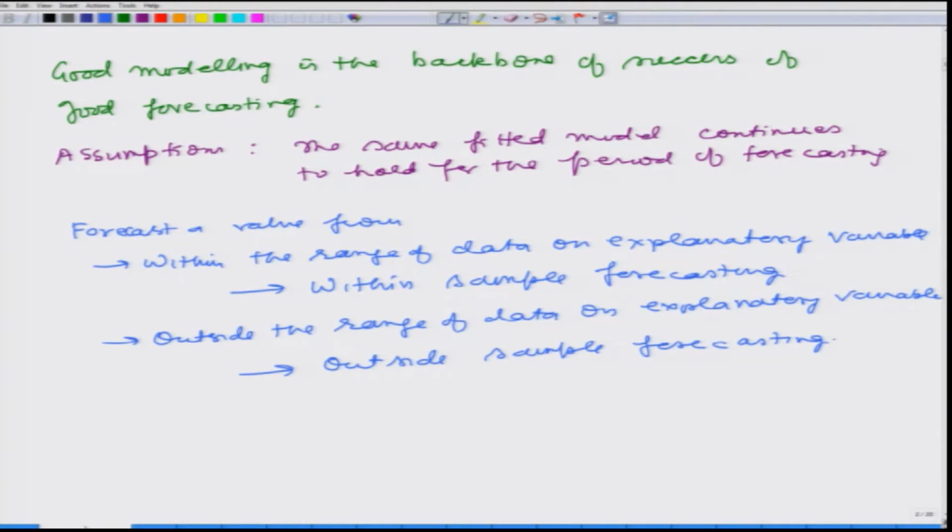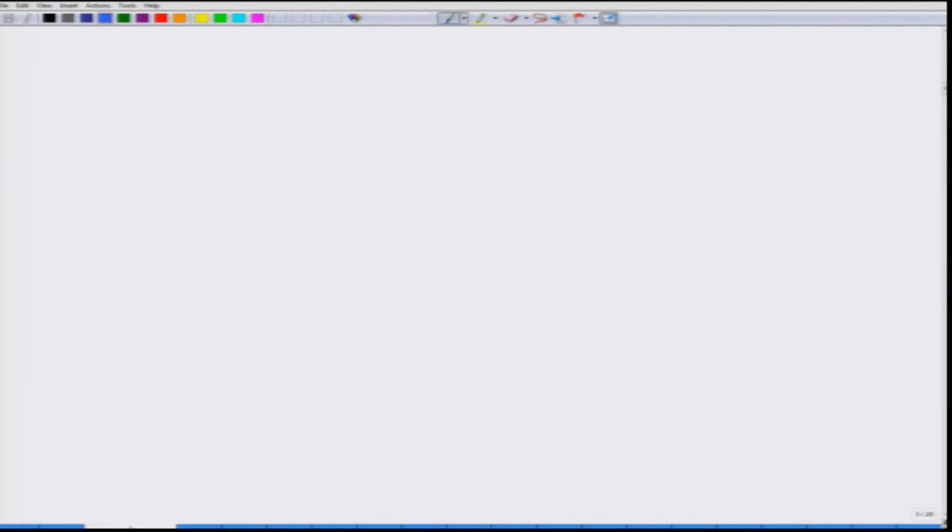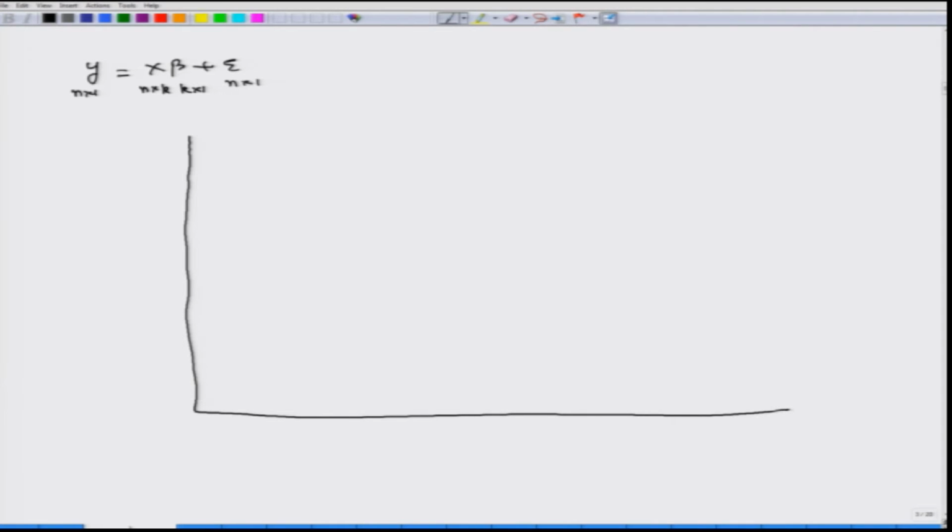Let us try to understand this concept of within sample and outside sample using the linear regression model in a little more detail. We consider here a model y equal to x beta plus epsilon, where y is an n cross 1 vector, x is an n cross k matrix, beta is a k cross 1 vector, and epsilon is an n cross 1 vector. The first thing we do is plot the data.